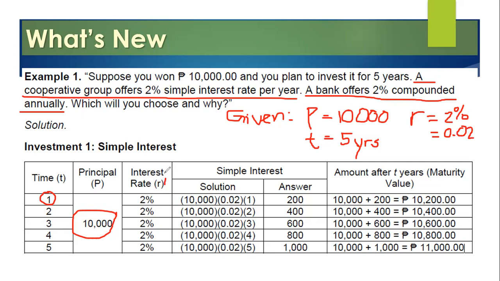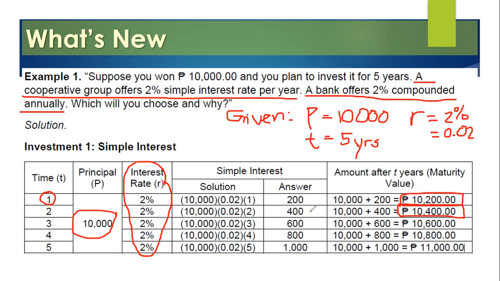Pare-parehas lang po na 2% ang interest. After 5 years, yung titingnan natin or kukumputin. Sa simple interest natin, for the first year, kikita ang pera natin, magiging 10,200. Sa second year, after 2 years, naging 10,400 na yung pera na ininvest mo.